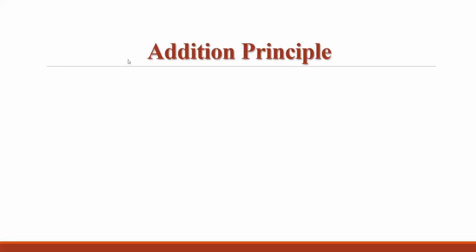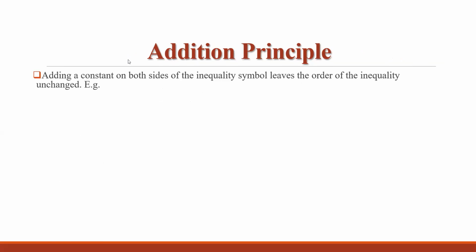So we have the addition principle. It is a step we follow, and it says that adding a constant on both sides of the inequality symbol leaves the order of the inequality unchanged.